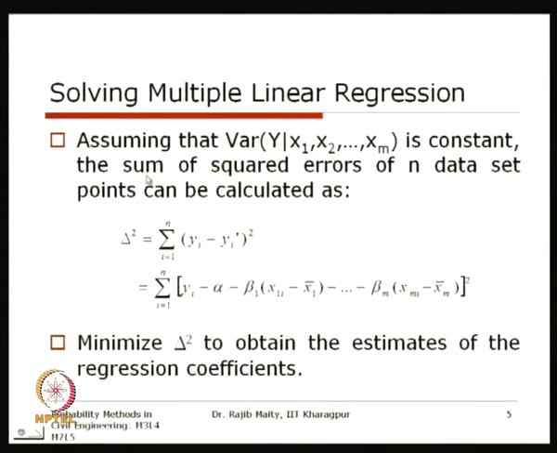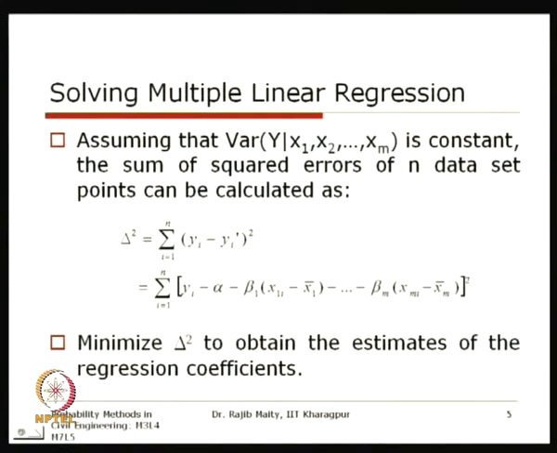Now, if we recall from the simple linear regression, there are two cases. One is that the variance of y with respect to the input variable is constant, or it can also vary. In the case of simple linear regression, we showed one case where the variance can even vary with respect to the range of the input variable x.